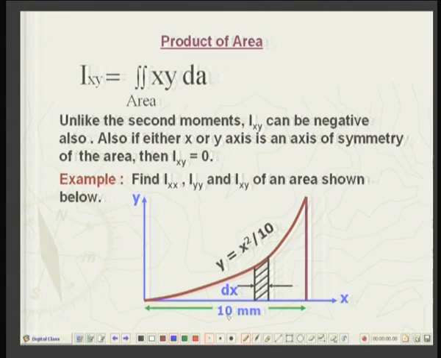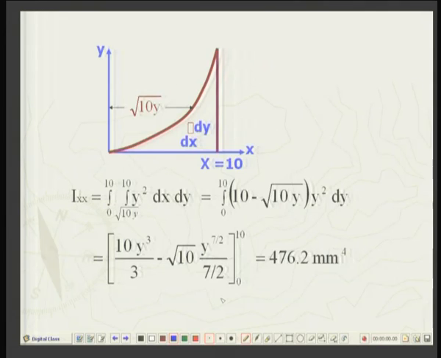So, the strip method cannot be used, because the normal distance from the x axis is varying along the location in the strip. So, we have to use the more fundamental definition of the area integral, that is in terms of a small element of width dx and height dy.